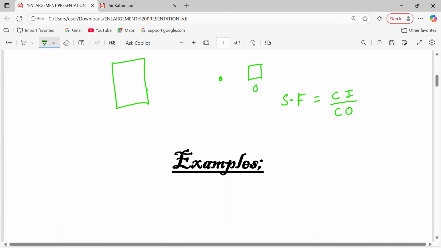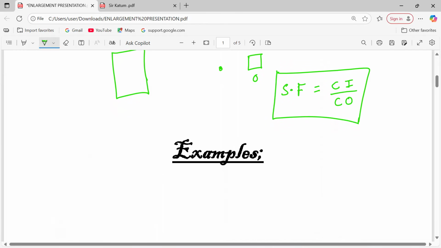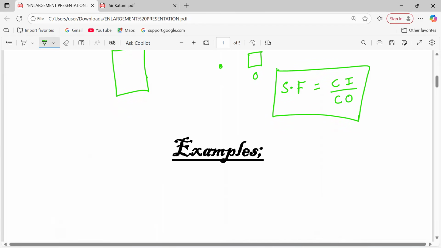This is irrespective of the sign of the scale factor, whether positive scale factor of enlargement or negative scale factor of enlargement. This is how we find the scale factor. Then after finding it, you will be able to indicate the sign behind it.